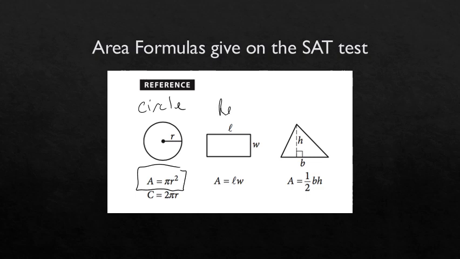A rectangle is another one, and the area of a rectangle is length times width, or base times height. The third basic shape is a triangle, and that is 1/2 times base times height. So those are three figures you're going to be working with. More specifically, a rectangle is a special form of an object called a parallelogram, and we're going to talk about that next.